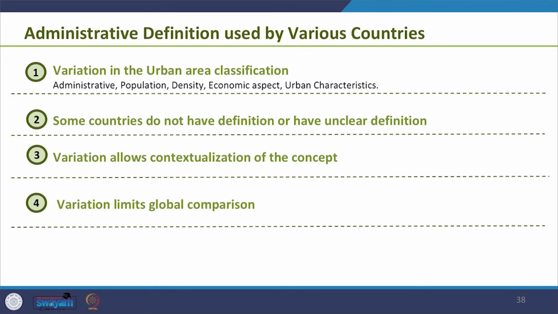The variations are based on administrative definitions, population variation, density variation, and even characteristic variations. Characteristics could be the economic aspect, the urban characteristic, or the functional aspect. We also see that some of the countries do not have definitions or have very unclear definitions.